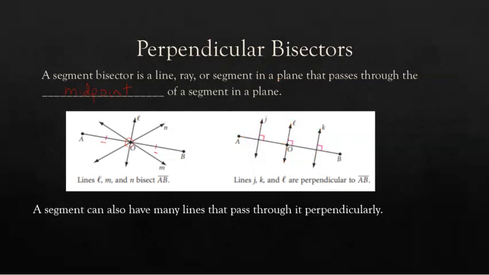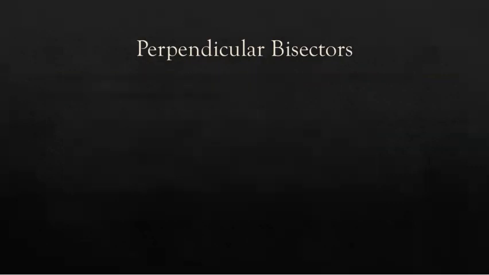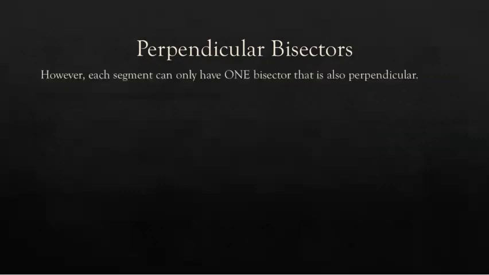So a segment can have many lines that pass through it perpendicularly, but each segment can only have one bisector that is also perpendicular. This line is called its perpendicular bisector. So a perpendicular bisector is going to bisect the segment and be perpendicular to the segment.